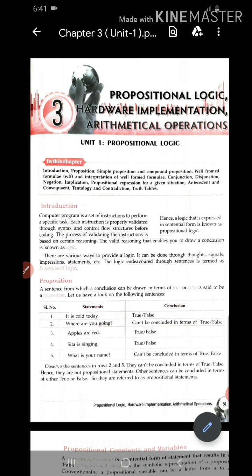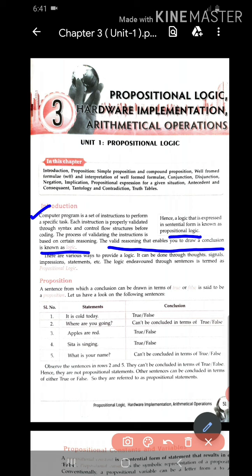Means I think you all know that. See, focus on this line. Valid reasoning that enables you to draw a conclusion is known as logic. What you have to know: what is a computer program, what is logic, and then what is propositional logic. See, a logic that is expressed in a sentential form is known as propositional logic.